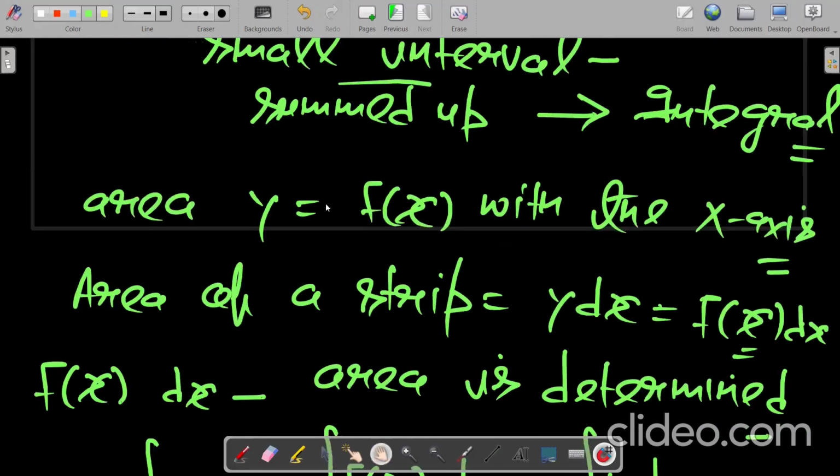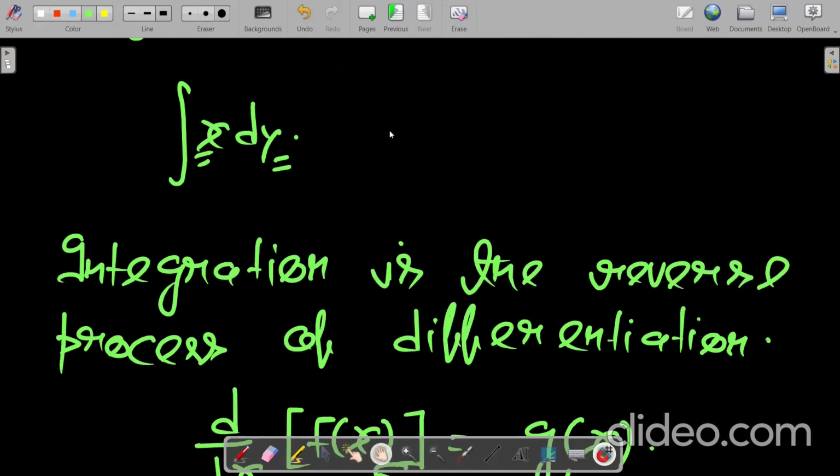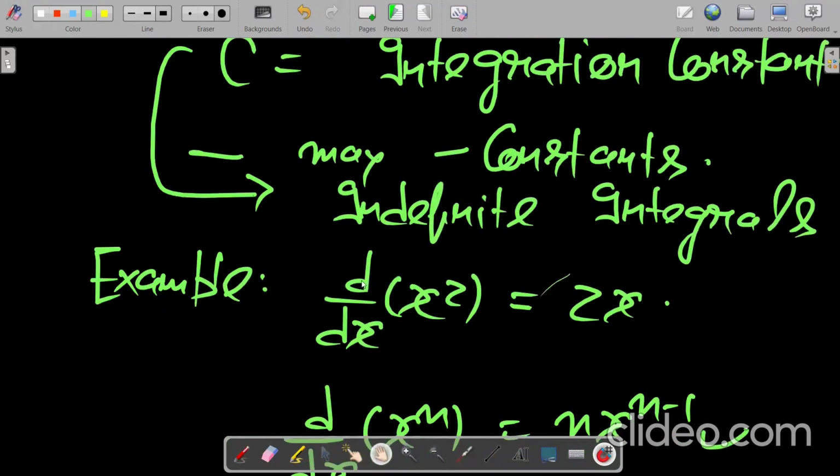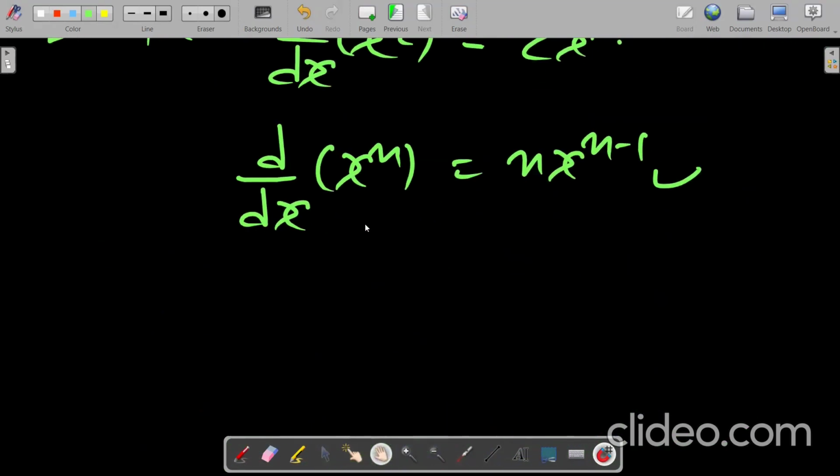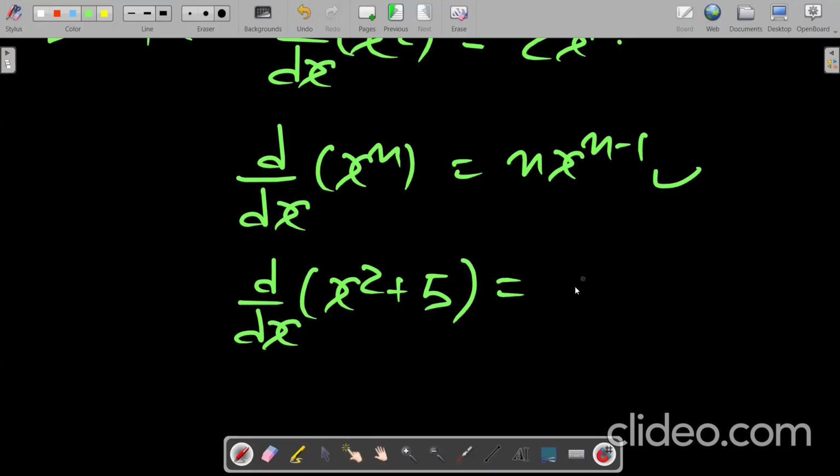Now students, next, if you differentiate x square plus 5 with respect to x, d by dx of x square plus 5, you will again get 2x, because 5 is a constant and its differentiation with respect to x will be 0.